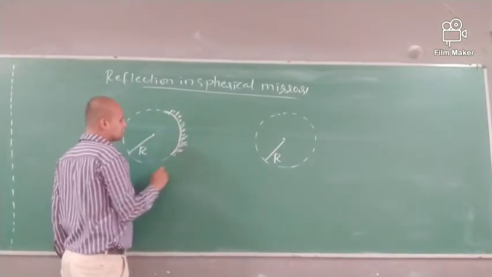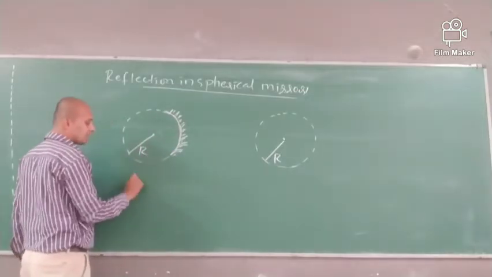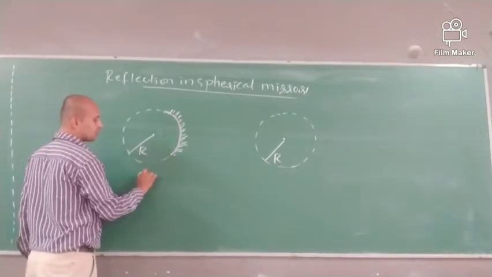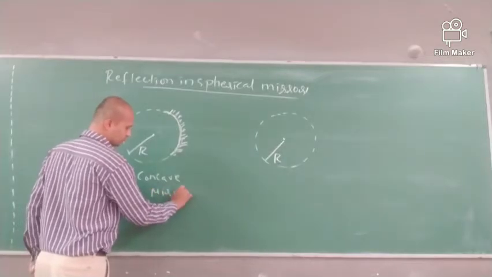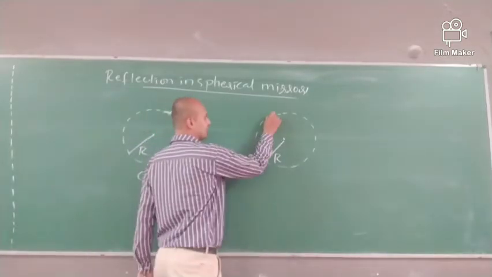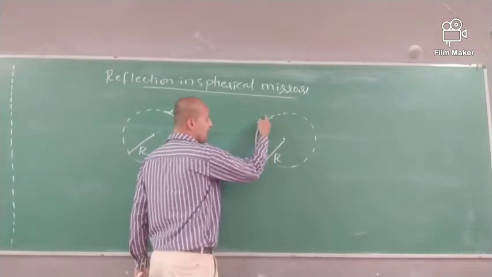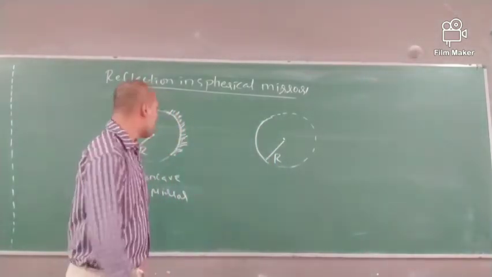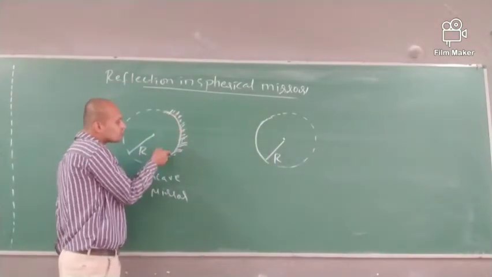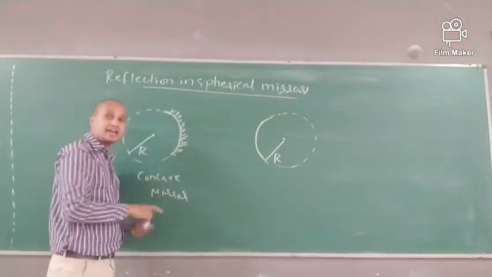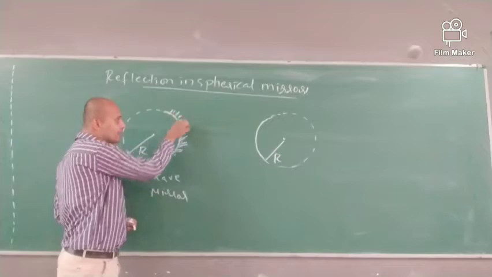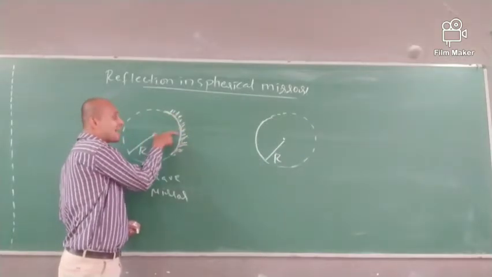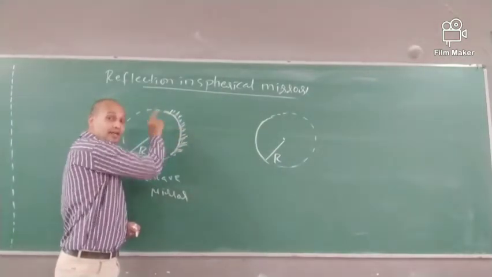When it is polished inside, this type of mirror we call a concave mirror. Here I will take one aperture of the circle. Aperture refers to the surface area available for reflection of light, which depends on the diameter of the spherical mirror.